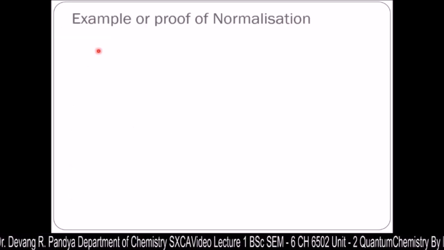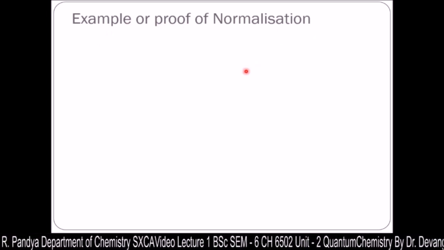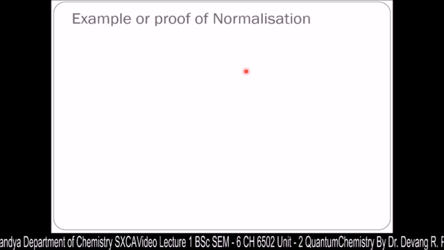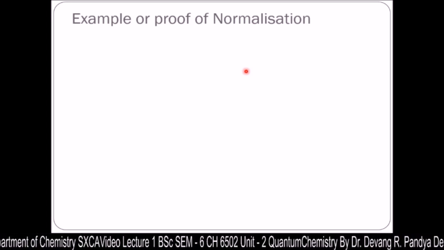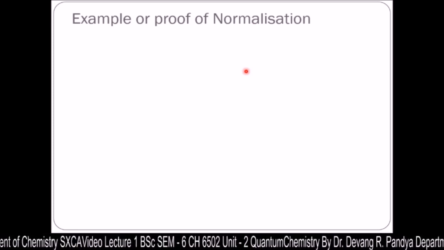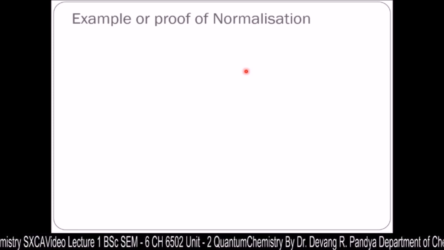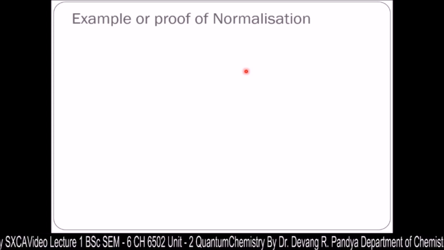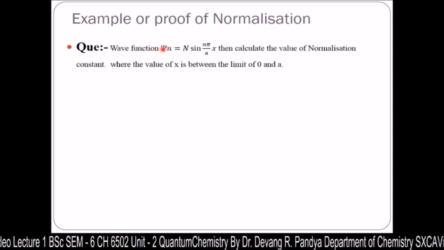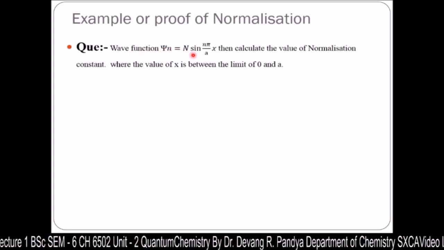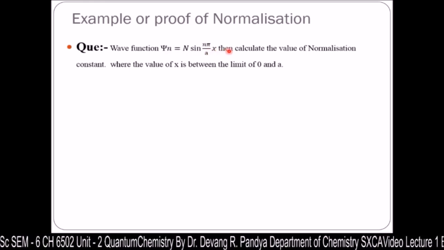Now let's see an example or proof of normalization. If we take the integration of the square of a wave function, then it must be 1. Then we can say that it is a normalized, well-behaved wave function. So this is the question: the wave function psi n is equal to N into sine n pi by a x.